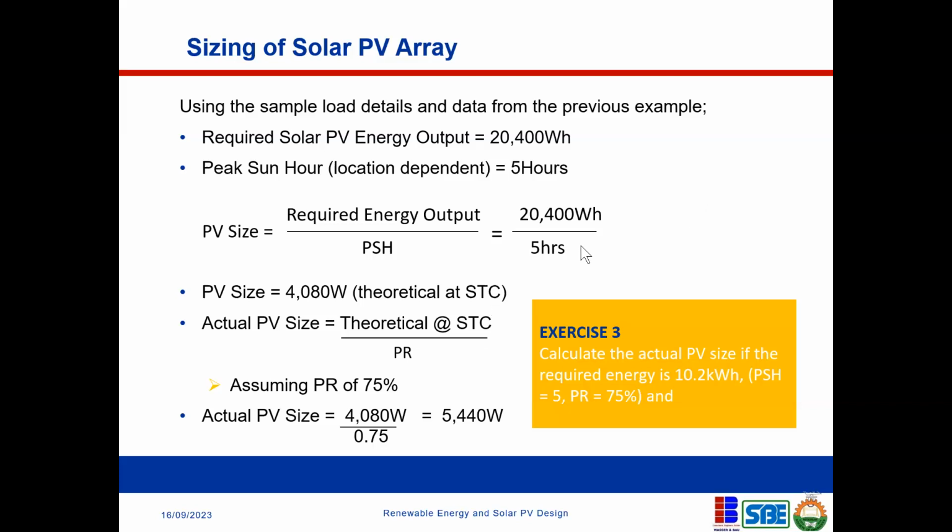Now there's a trick here. Remember that the total battery capacity that we need is 20,400 watt hours, or 20.4 kilowatt hours. But that does not mean that on a daily basis the battery is going to deliver 20,400 watt hours. You can only take half of this capacity.